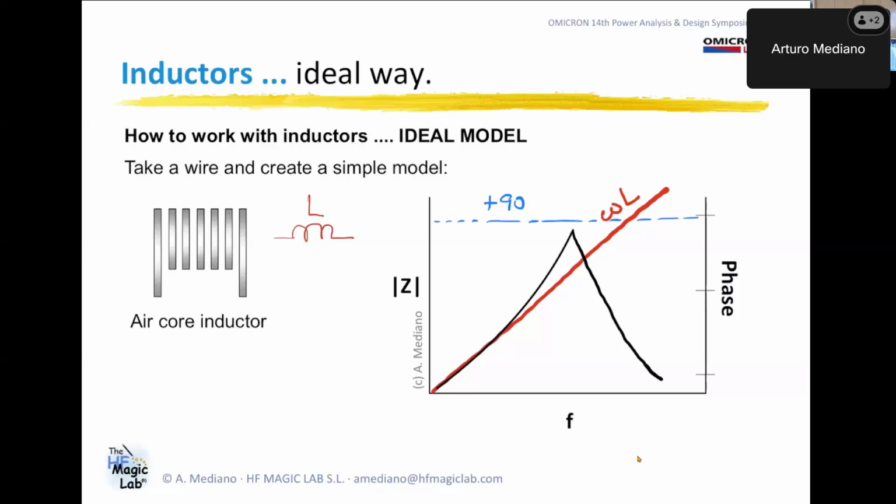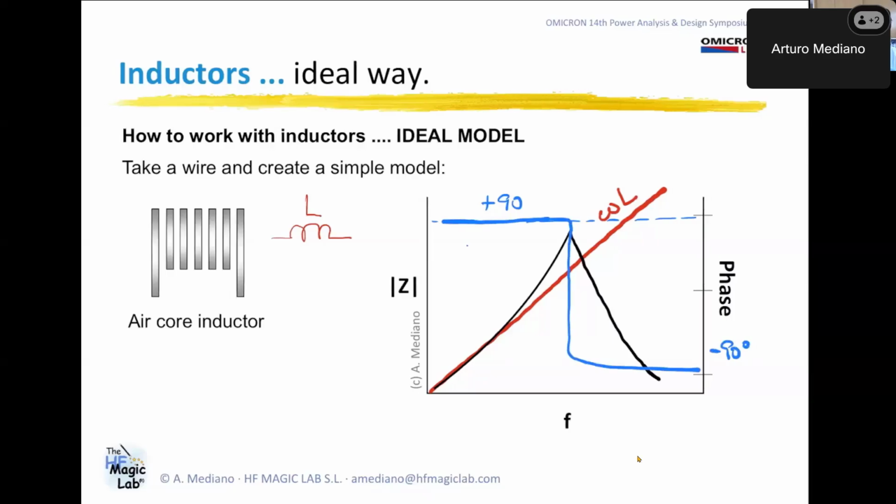The capacitive effect is easy to find because the phase of the component goes from 90 degrees to minus 90 degrees in this position. So this is the area where the component is inductive, and this is the area where the component is capacitive. Why do you have capacitance? Because usually we have capacitive effect between the windings. And this is what we call the self-resonant frequency of the component.